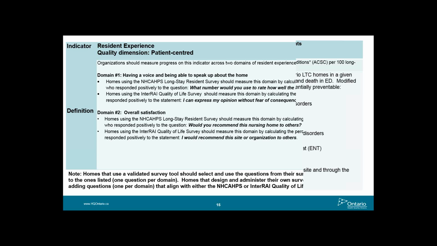And you'll notice that one of the big indicators, which you often hear with ED visits, is the UTI. The discussion with the stakeholders that we consulted was that UTI should be taken out of this list, because it tends to be the default diagnosis for residents going to the ED.